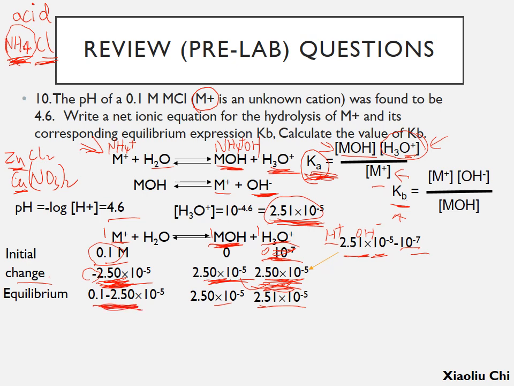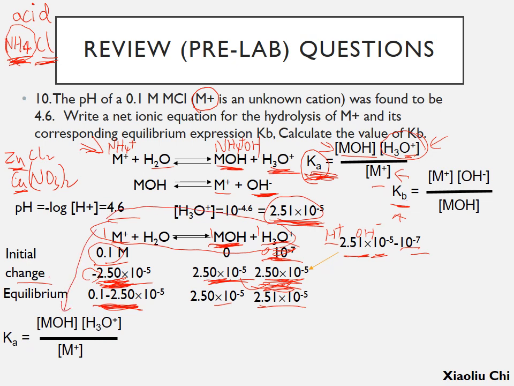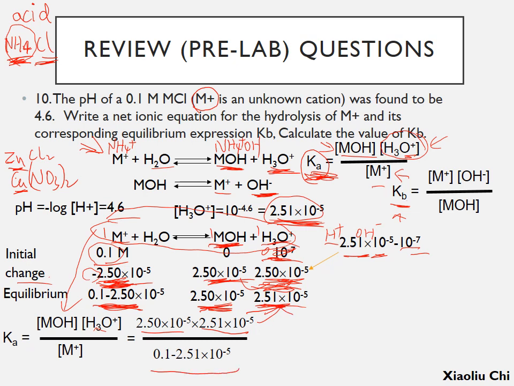And therefore, we go back to the Ka. Okay, so this equation, again, remember, equilibrium is related to the Ka, the product divided by reactants. So here at equilibrium, MOH, for example ammonium hydroxide, is this one, and the hydrogen ion is here, and the cation left is this one.